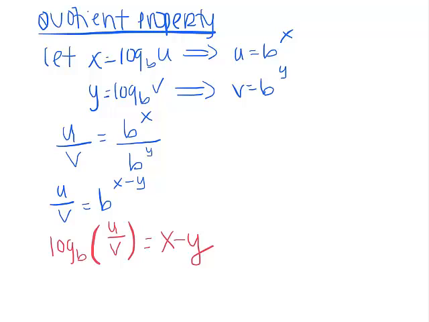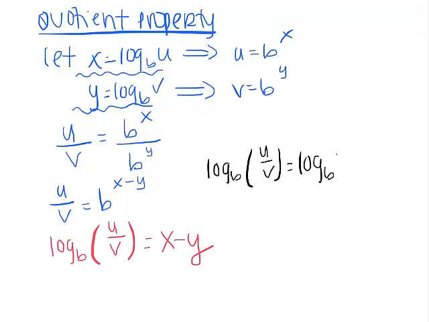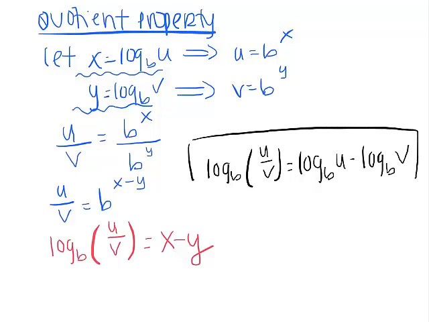And then if I replace x and y with what I have up here, I have my quotient property, which is log base b of u over v equals log base b of u minus log base b of v. Okay? So if you have two logs that are being subtracted, and they have the same base, you can condense them down using division.